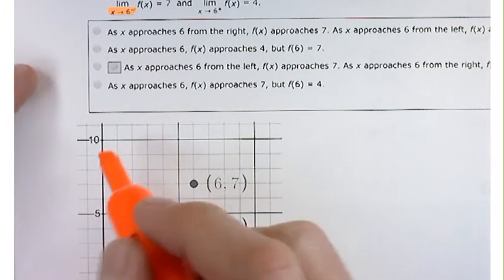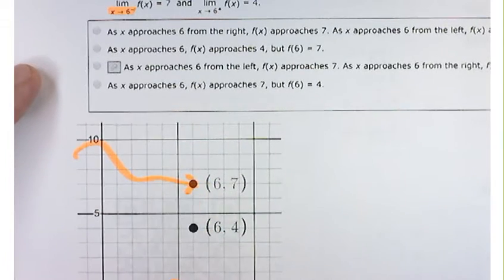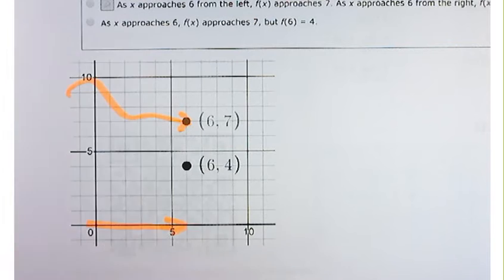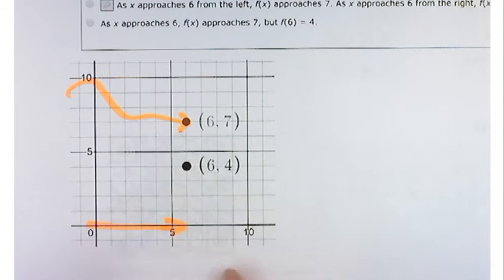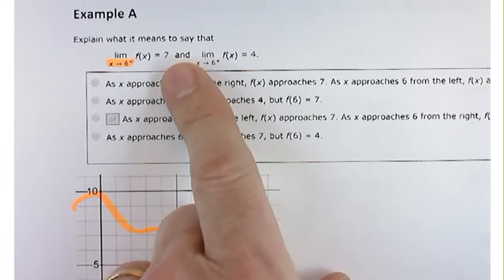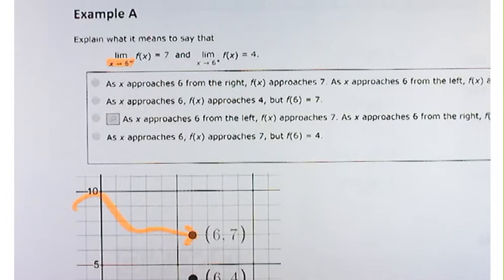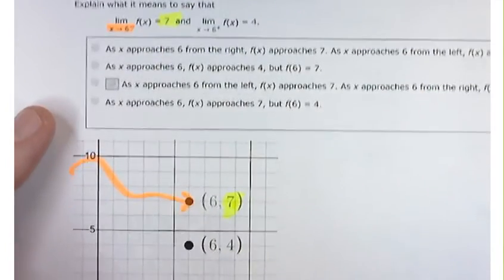Now you can draw anything you want here, just as long as it ends up at a 7. So that's what it's saying: as you approach 6 from the left, the limit approaches 7. So the limit is actually the y-coordinate of your function at that point. There's your 7 right there.